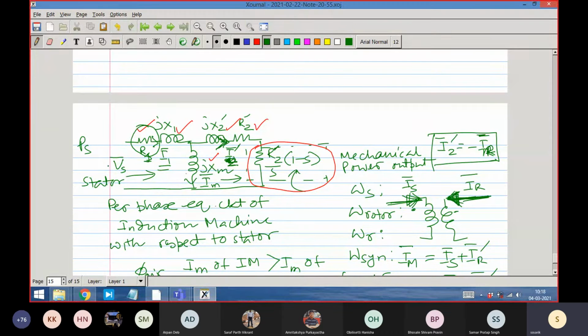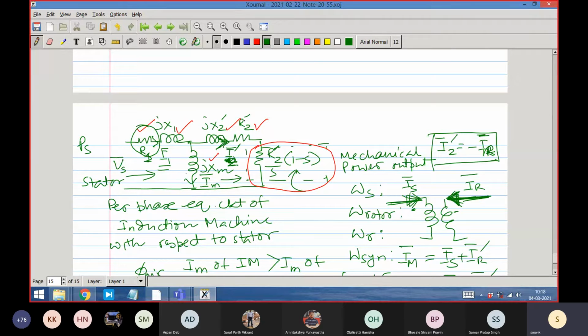So that's why PS minus I1 square into R1 is the power PG. Now this PG power, if you look at it, XM also is not contributing to any active power, right? And similarly, on the rotor side, jX2 is also not contributing to any active power.